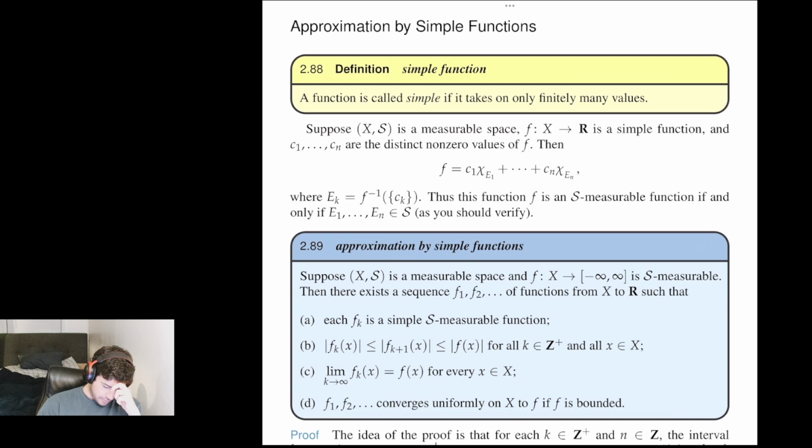So we have a measurable space. F is a simple function, and C1 to Cn are distinct non-zero values of F. Then F can be written in terms of the sum of the CK's times the characteristic function.